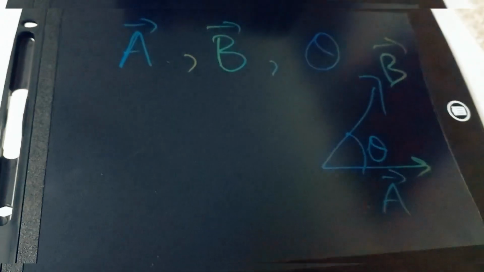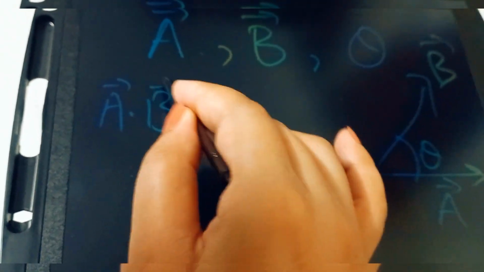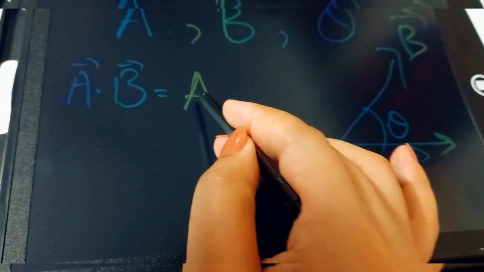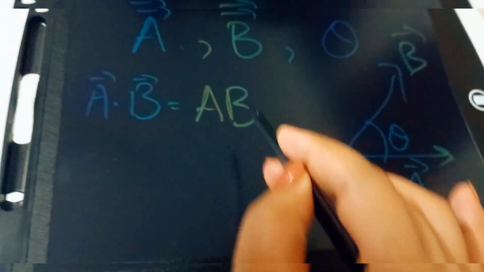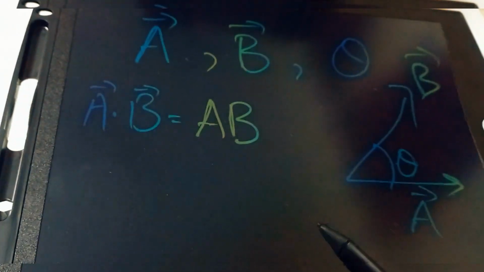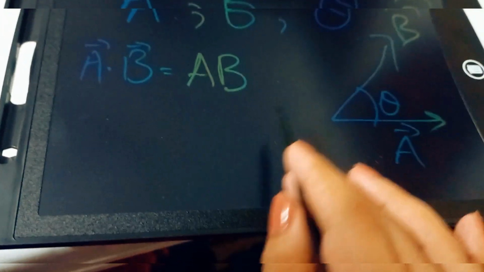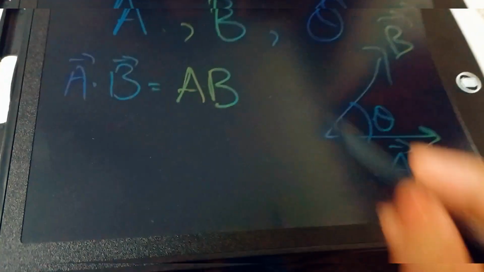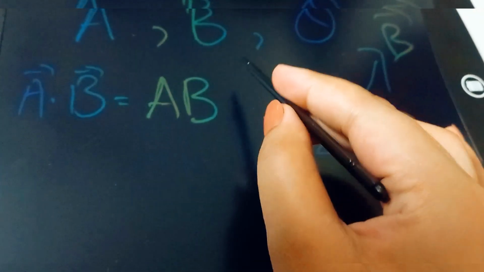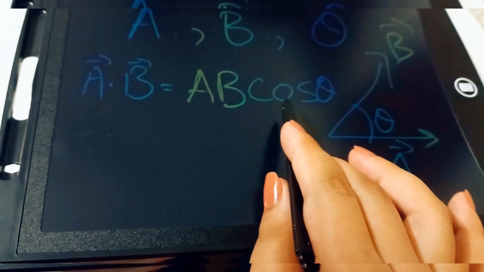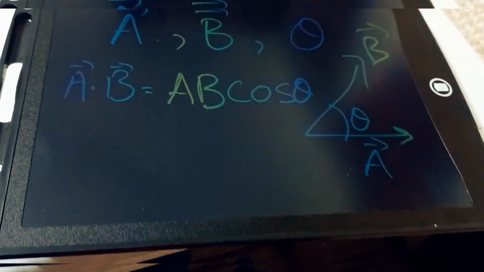How do we calculate the scalar product between A and B in numerical form? This is the formula. A dot B is equal to A, which is the magnitude of vector A, times B, which is the magnitude of vector B. Since magnitudes are scalars, there is no need to write a dot or cross or anything like that. And times cos of theta, the cosine of theta, where theta is the angle between A and B.